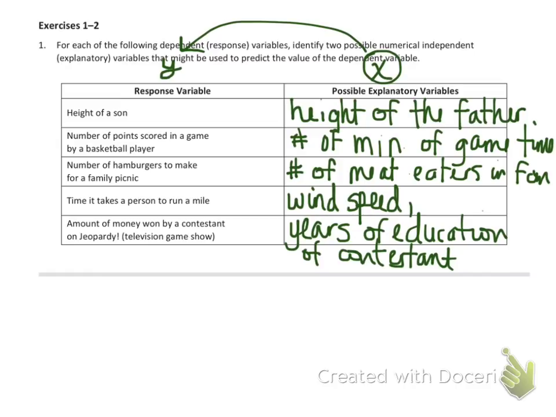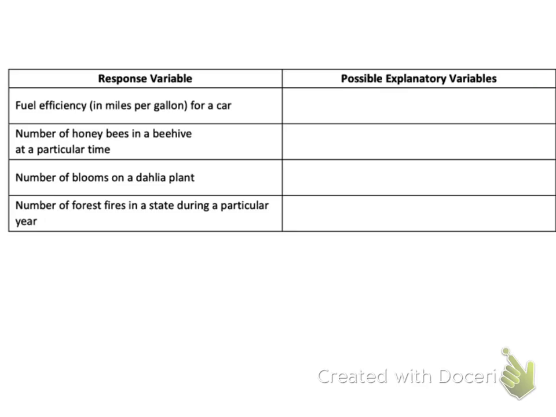What else? The amount of money won on Jeopardy might depend on the IQ of the contestant or the number of questions that they answered correctly. So, okay, let's look at a few more of these. Maybe you could work on all 4 of these and then come back and I'll share my responses with you.